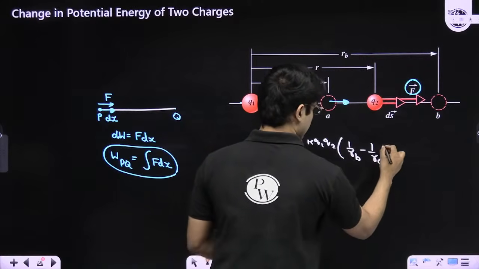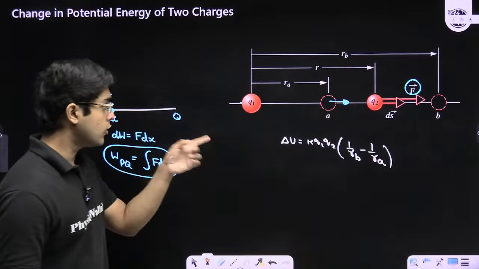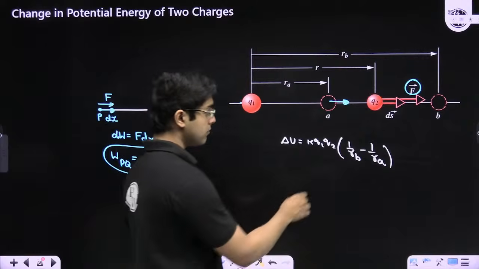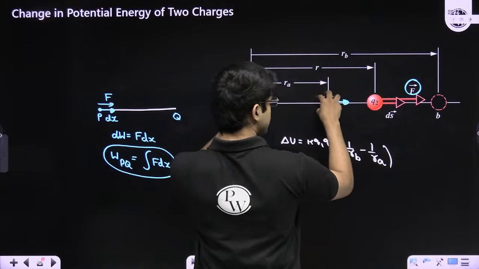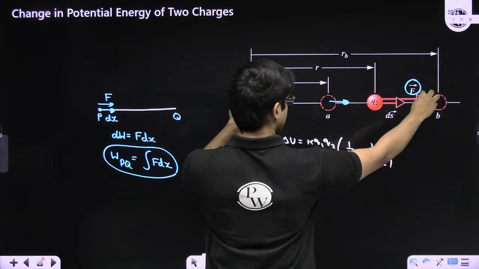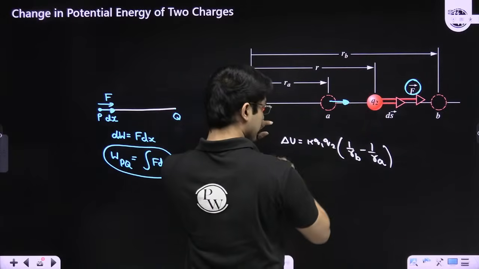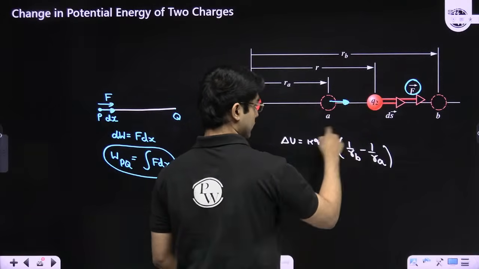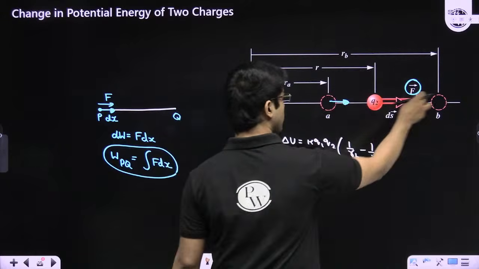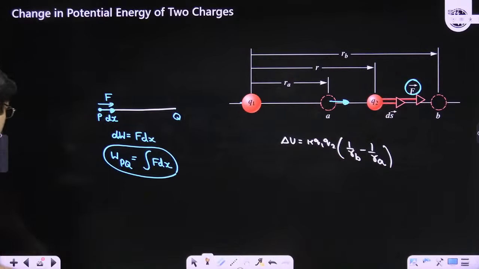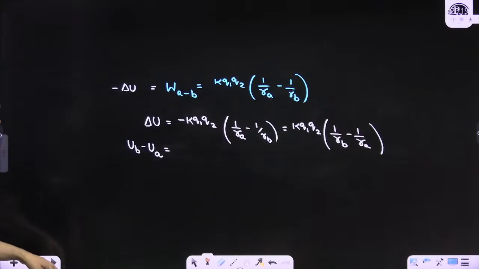Now we can look at the signs of this. If I move this charge away, then RB is bigger than RA, so this becomes negative. So if we try to move the charges away, then delta U turns out to be negative.